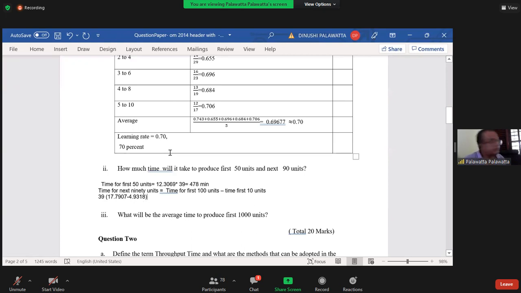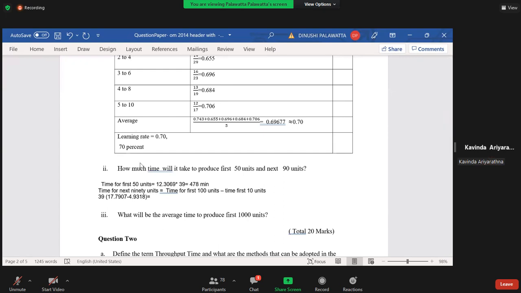Instead of this you can substitute by adding 39, 29, 23, 19, 17, 16, 15, 13, 13, 12. By adding the numbers also you can replace it, okay? Either way. So then I'm going to use the calculator.